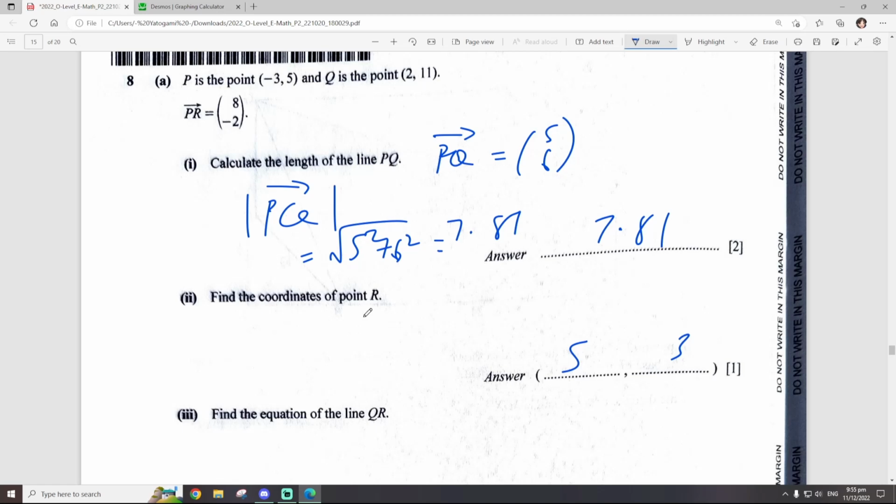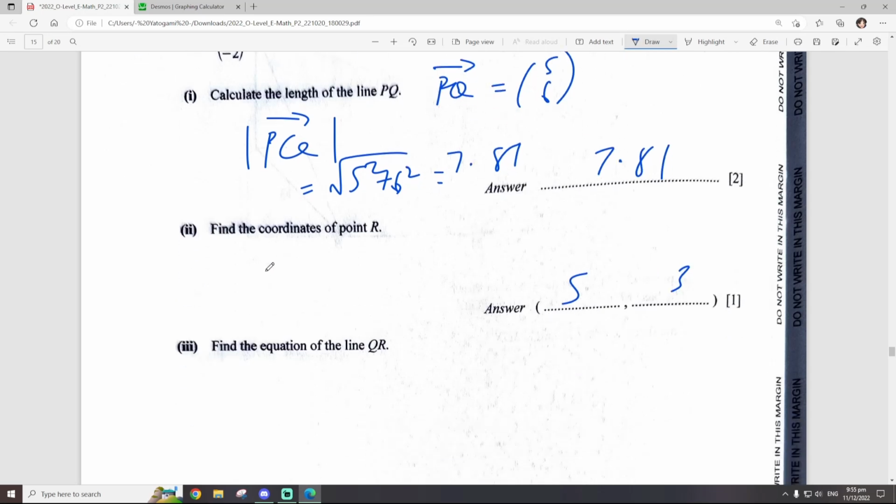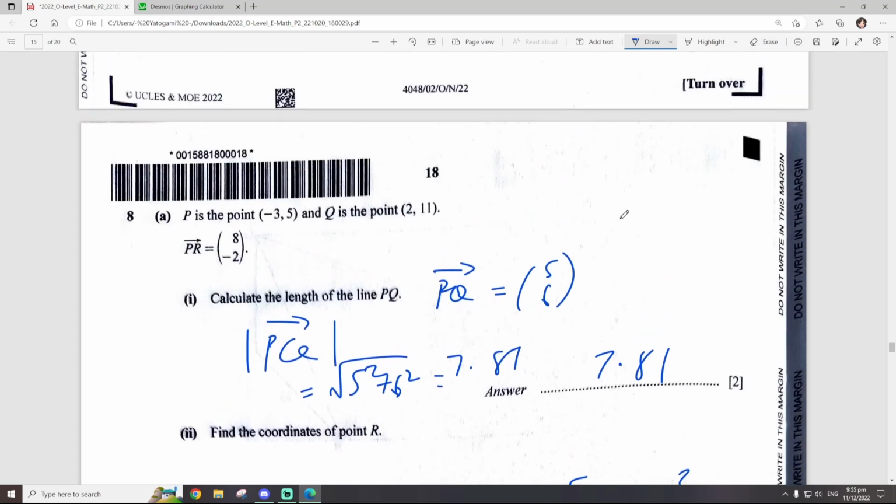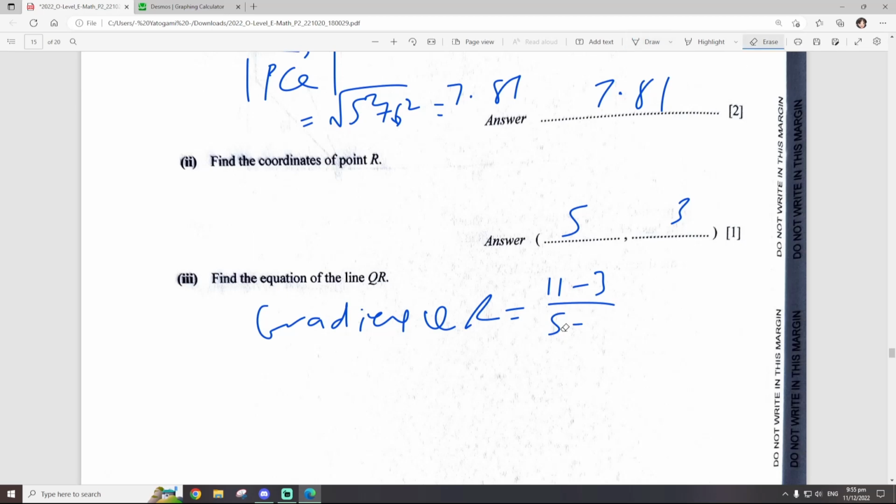Okay, so gradient of QR, it is 11 minus 3 divided by 2 minus 5, which is just negative 8 over 3.